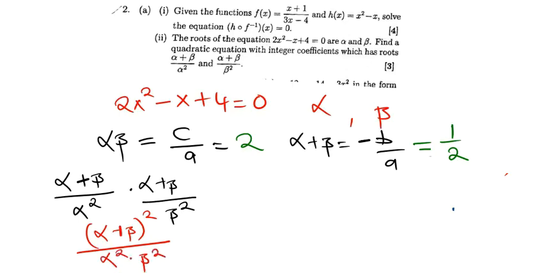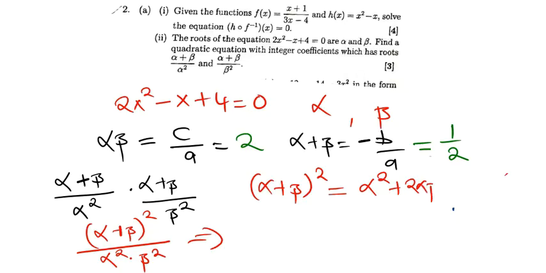That's after multiplying. Some of you who are not new to alpha and beta understand; I've actually labored to explain what this is equivalent to. Of course when you expand that, you're going to have alpha squared plus 2 alpha beta plus beta squared.